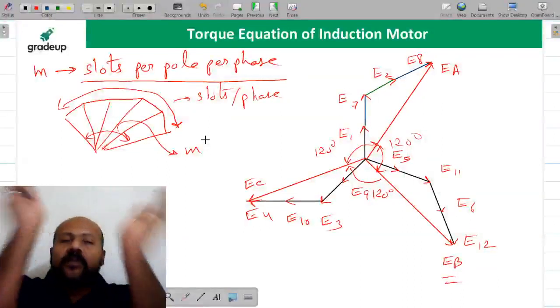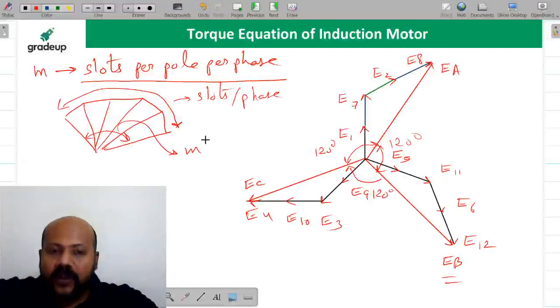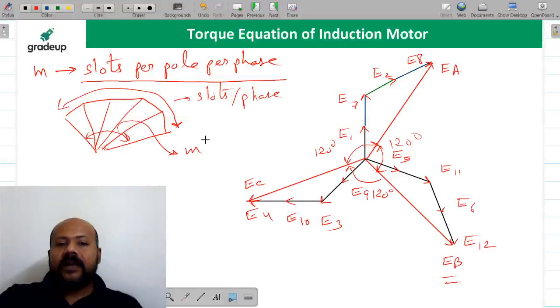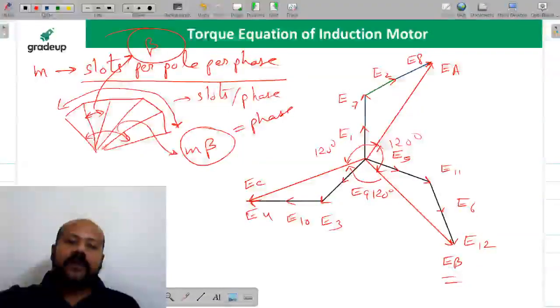Because for one pole, if it is a forward conductor, then for the next pole, it is going to be the return conductor. The current must be in a loop. That is why we are saying per pole per phase. So this angle is going to be M beta, because this individual angle is going to be beta. So this M beta we are defining as phase spread.